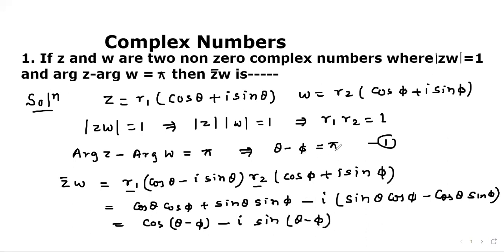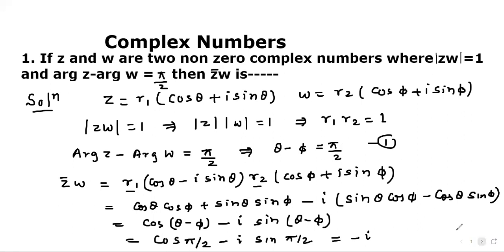But theta minus phi is pi by 2, so this will become cos pi by 2 minus iota sine pi by 2. And we know that cos pi by 2 is 0 and sine pi by 2 is 1. So our answer will be minus iota.